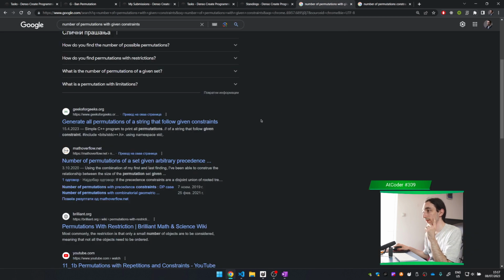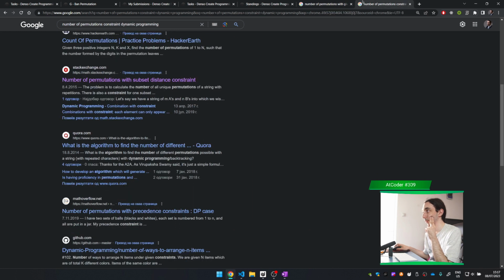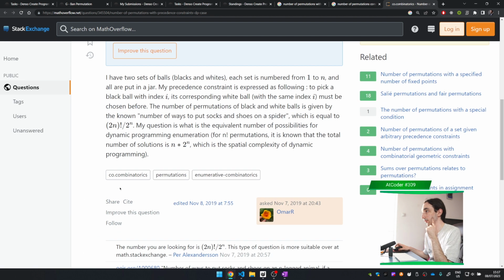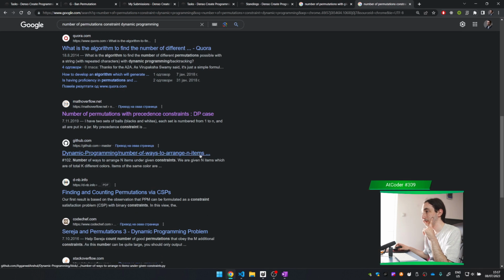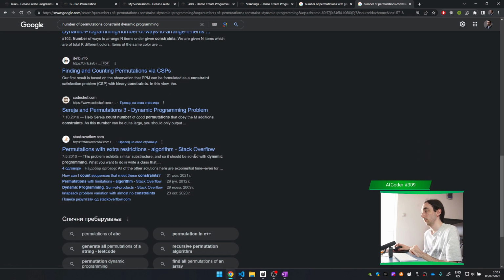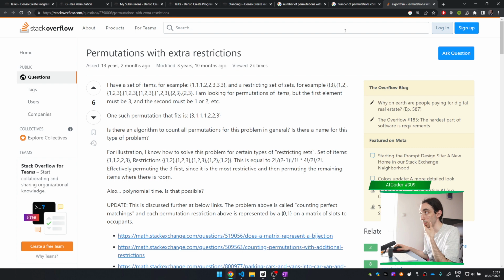Simple counting path with constraint repetitions. Permutation with arithmetic constraints. I know how to solve this. I don't know if there's some algorithm that solves these permutations with constraints.